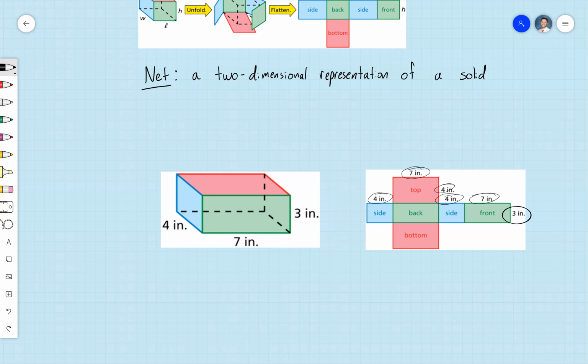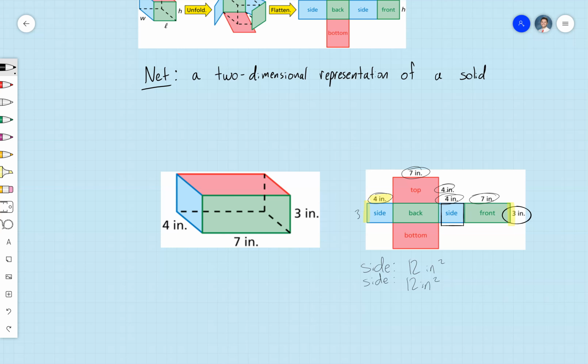We could look at this side, which is 4 inches, and if this over here is 3 inches, then this here is also 3 inches. So the area of that side would be 4 times 3, which is 12 square inches, and we have 2 of those. We have another one here.